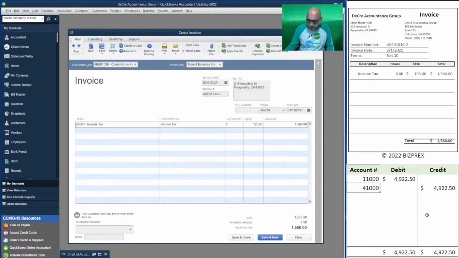Tax preparation for 1,500. This one is easier, right? We can just show it. So there it is. This amount right here, it is a debit to account 11,000. This amount right here is a credit to account 41,500.